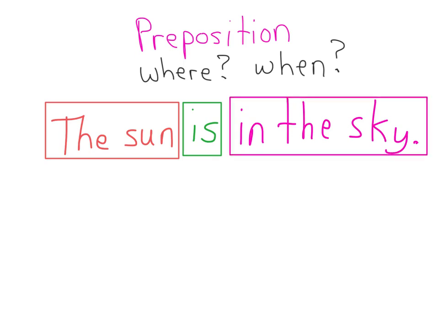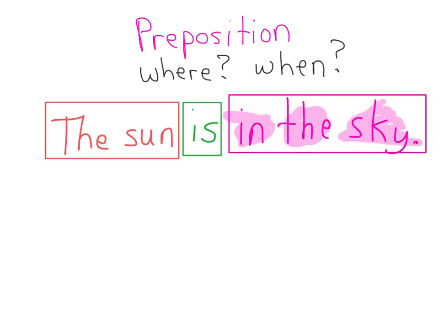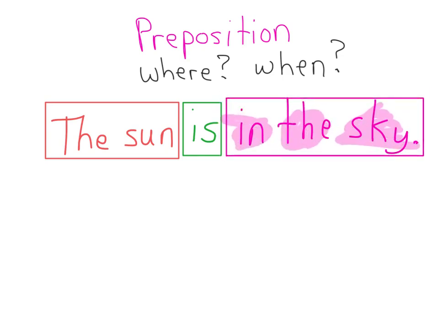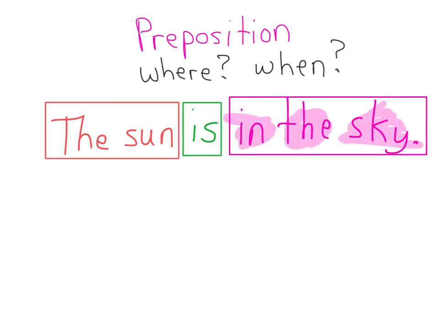In the sky is how many words? We have 1, 2, 3. But these 3 words work together as one group. When we have a group of words that work together to do one thing, we call that a phrase.